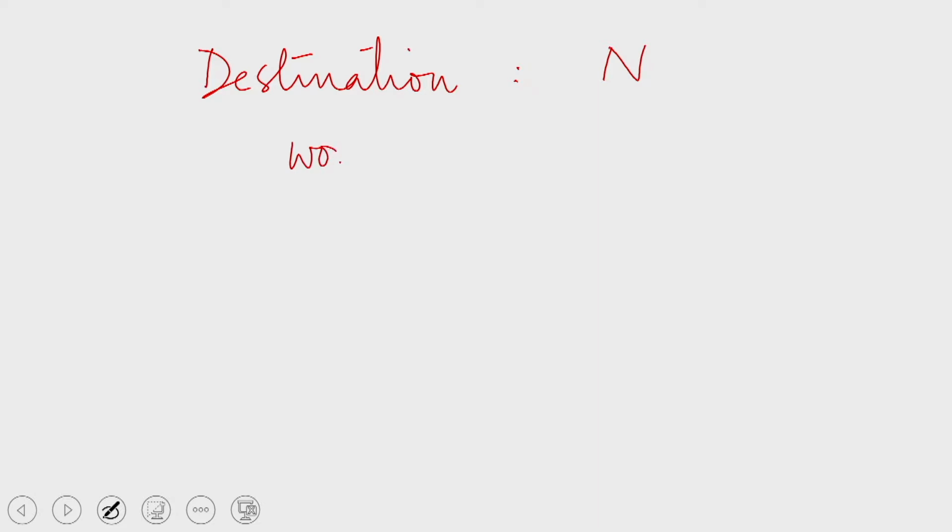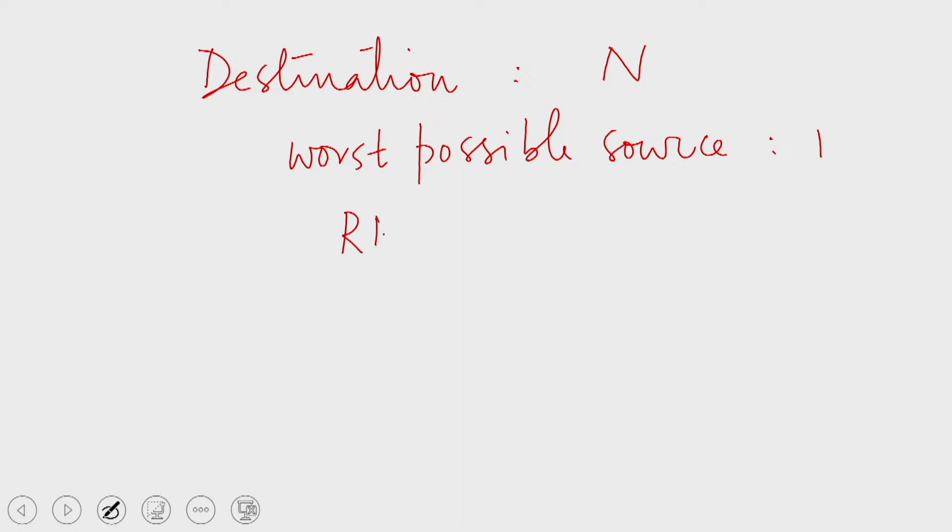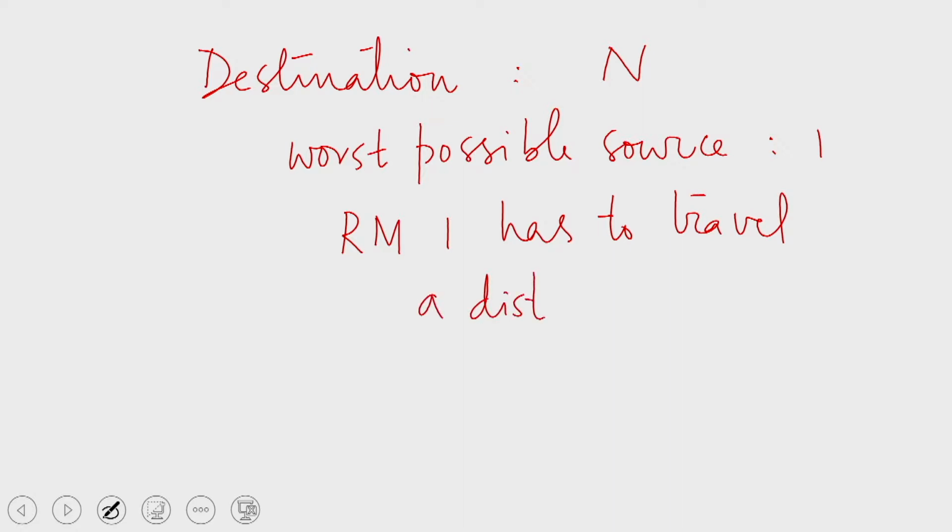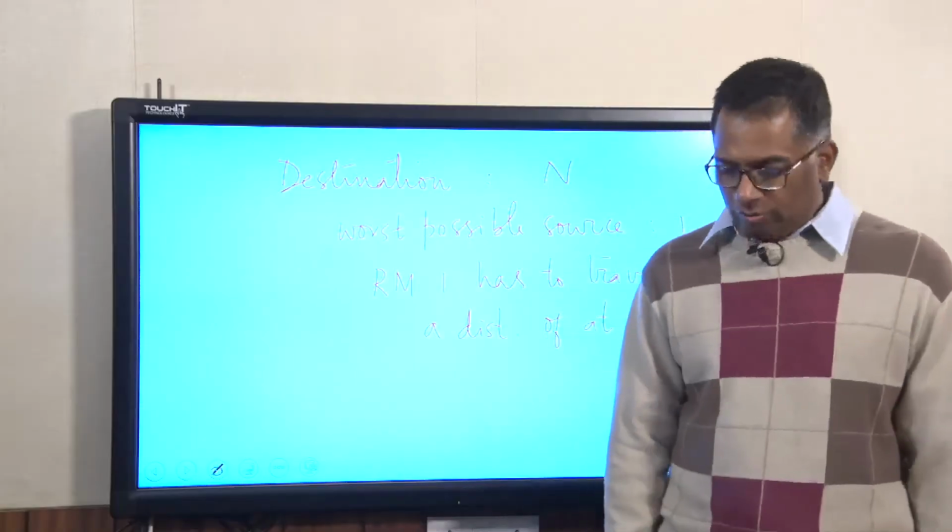So the worst possible source for the rightmost one is 1, which means the rightmost one has to travel a distance of at most n minus 1. In the worst case, it starts from position 1 and has to reach position n, therefore, it has to travel a distance of n minus 1.